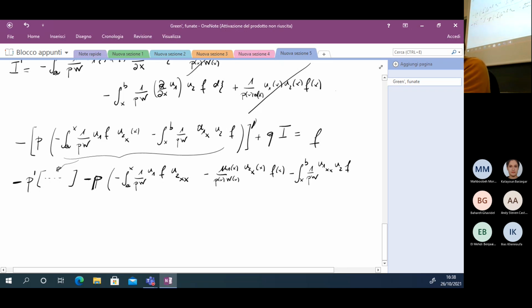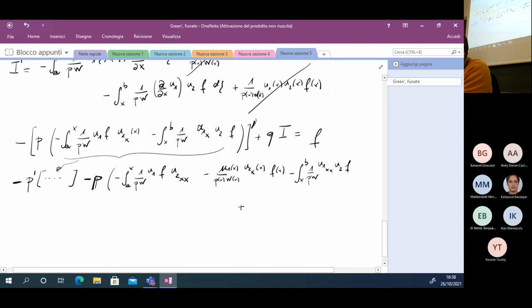And then I have plus u1'(x) u2(x) f(x) divided by p(x) w(x). Then outside I have qI, which is the one that I have here, equal to f.